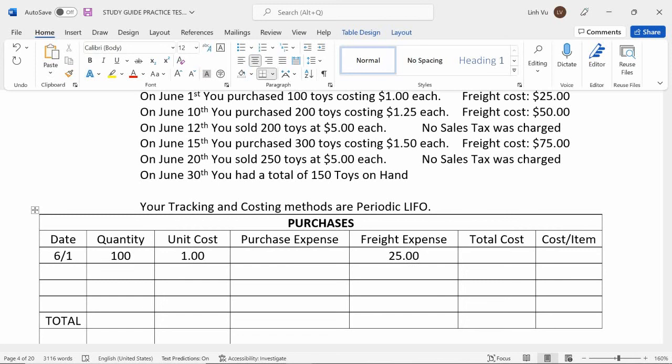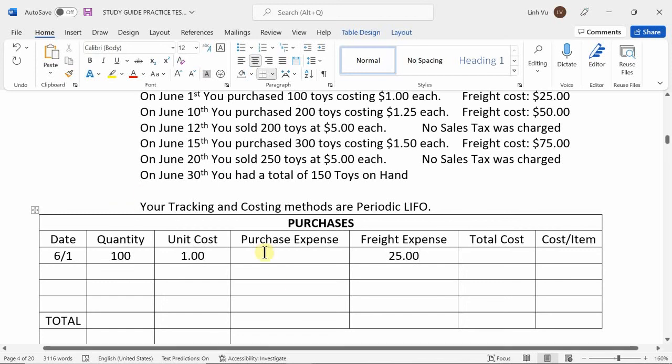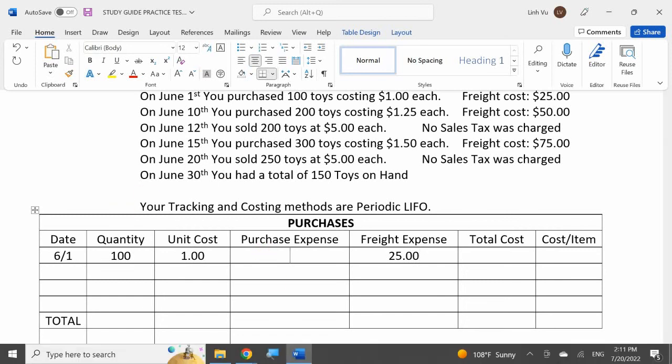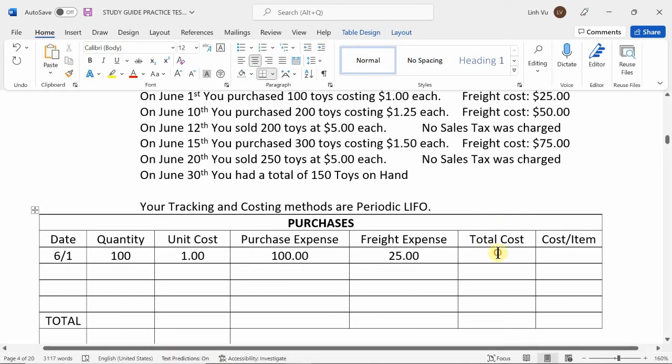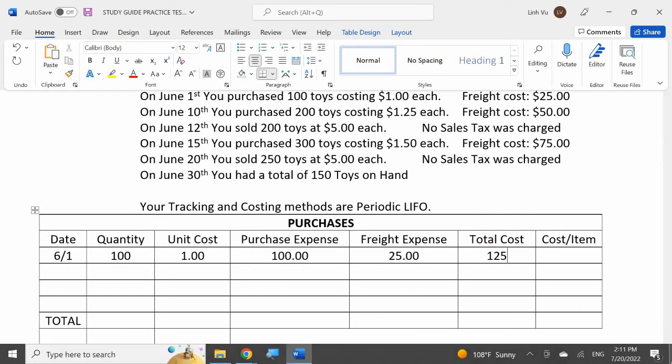So in this case, what is my total purchase price? $100, plus my freight gives me a total cost of $125. I need to solve for my cost per item, which is going to give me $1.25 per item.